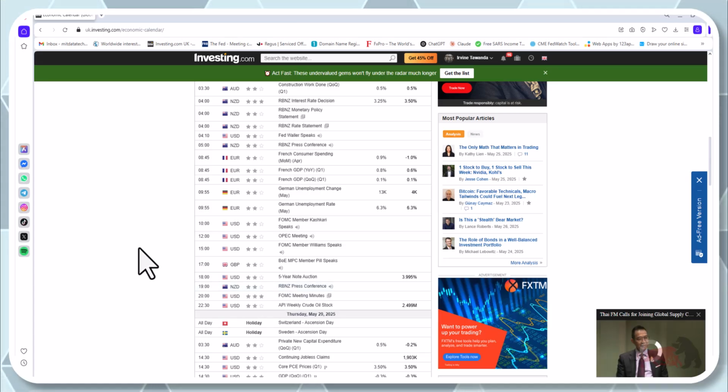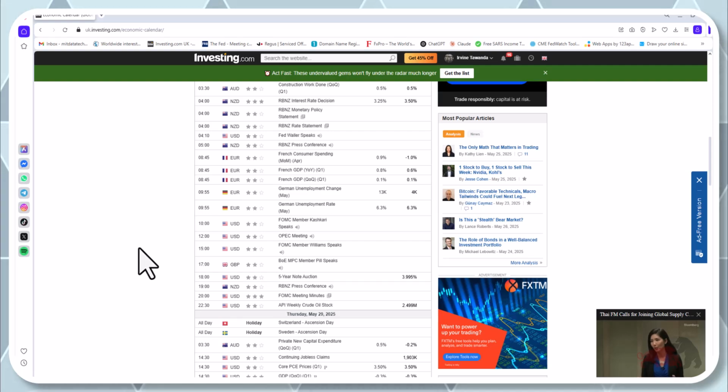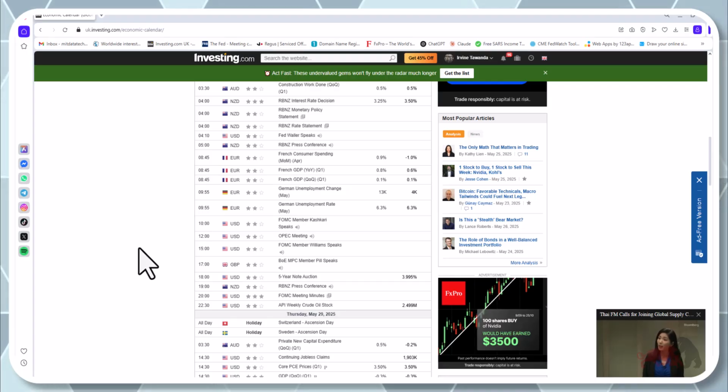Now, the thing to look out for from these key data releases, especially on the PCE: if PCE comes in soft, the dollar could drop further. But a surprise to the upside could trigger a bounce, could trigger a redistribution into fair value for another push to the downside.